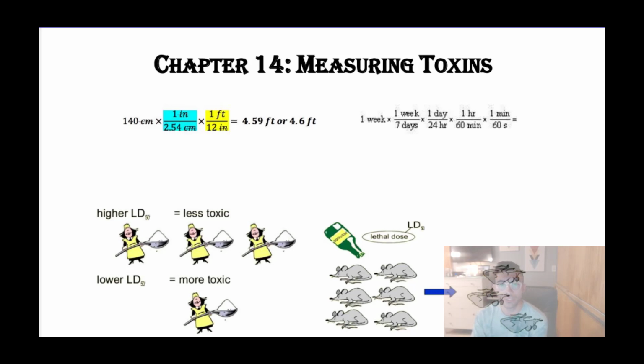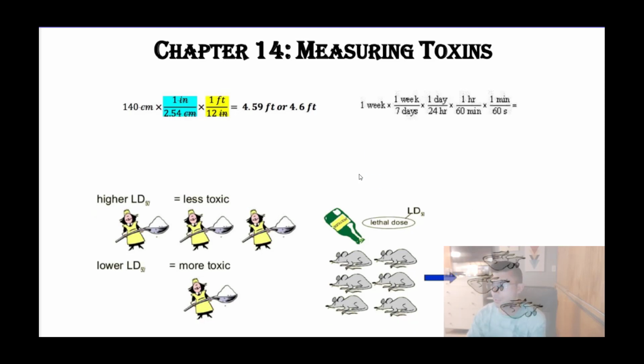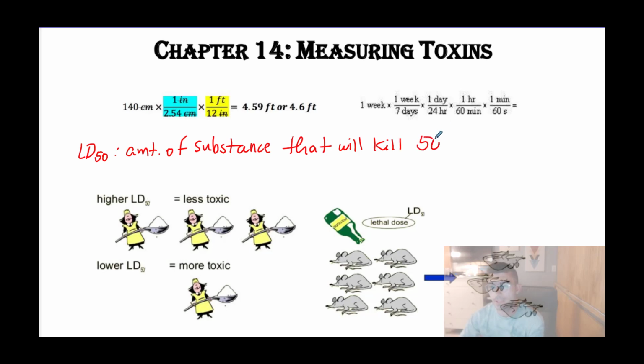So really the first piece of content that we looked at here was LD50. And we want to recall that LD50 is the amount of a substance that will kill approximately 50% of a test population.